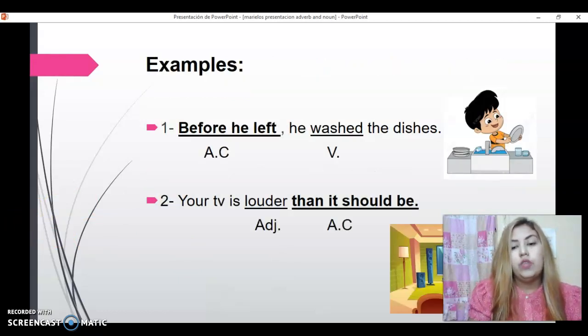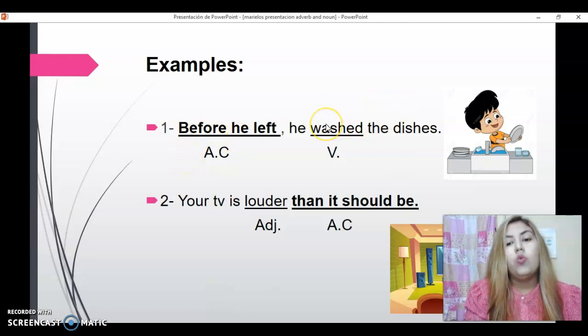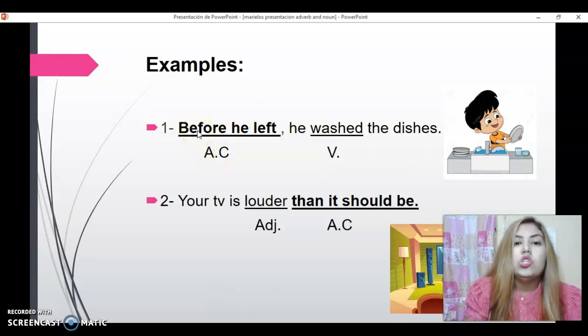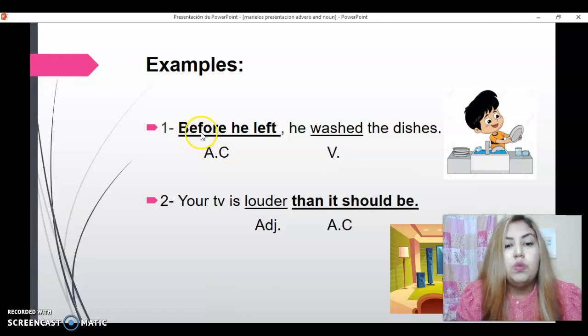Now let's see some examples. Here I have the first one: Before he left, he washed the dishes. As you can see, here is my adverb clause, and it starts with a subordinating conjunction, and in this case it is before.